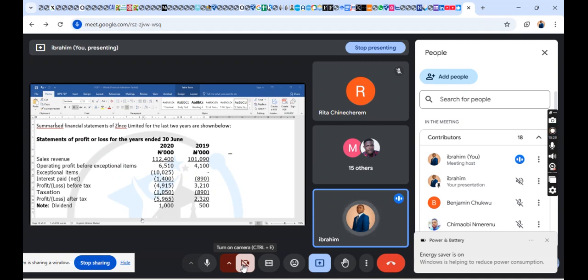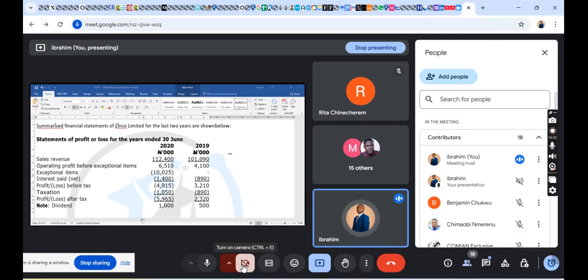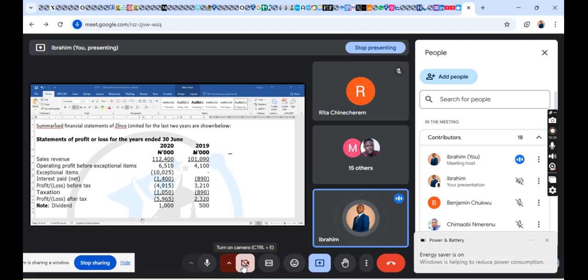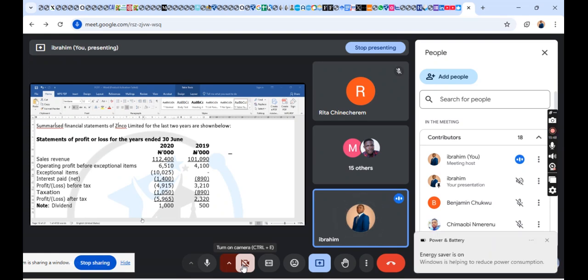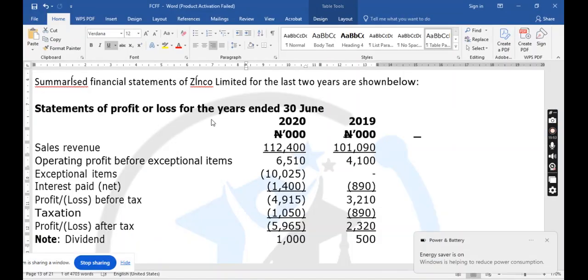So when you are valuing a business and you see exceptional items, you remove them. We need to remove exceptional items so that we can recalculate the profit after tax. Now, in this case, we can just remove it this way.